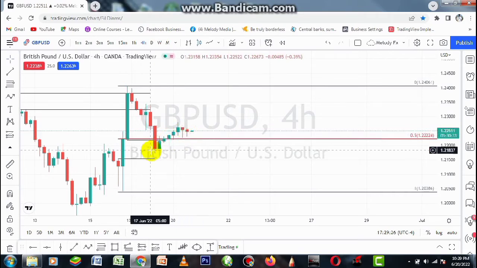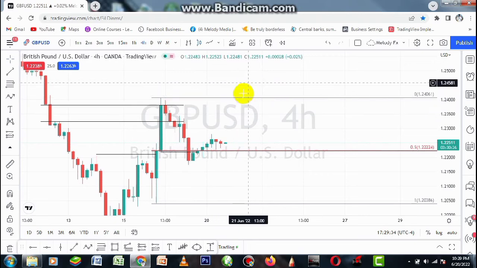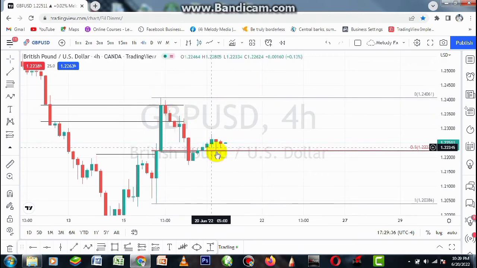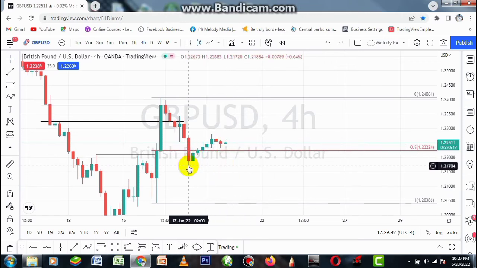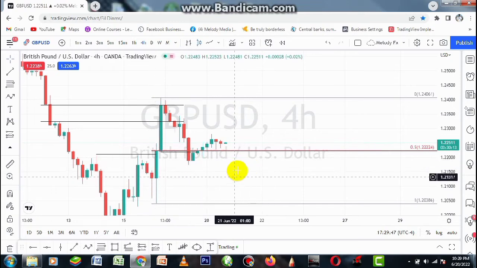So my bias on this is bullish until we see maybe this short-term low taken out. In terms of market structure, my bias is very much bullish. I'll be looking for a move above this fair value gap, above this old high, or probably into these clean highs, old high right here.